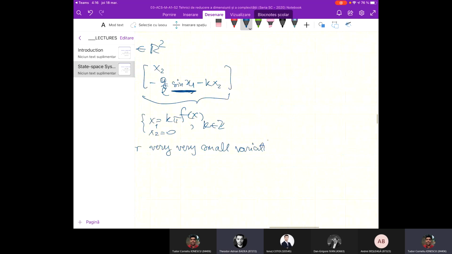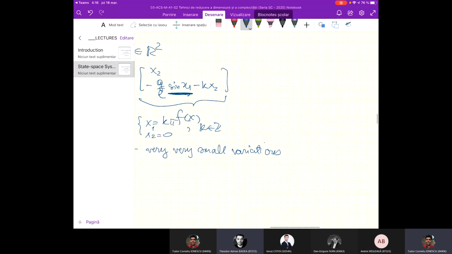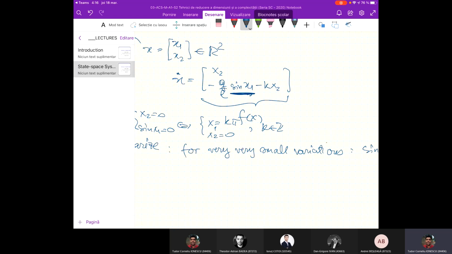Taylor series. Exactly. For very small variations, sine x1 is almost x1. So we do linearization.